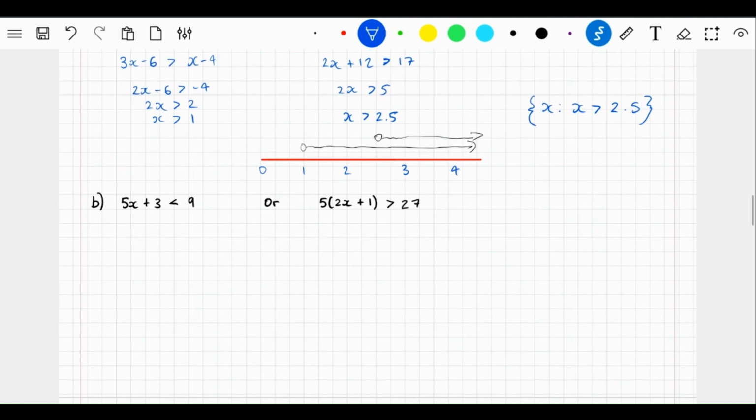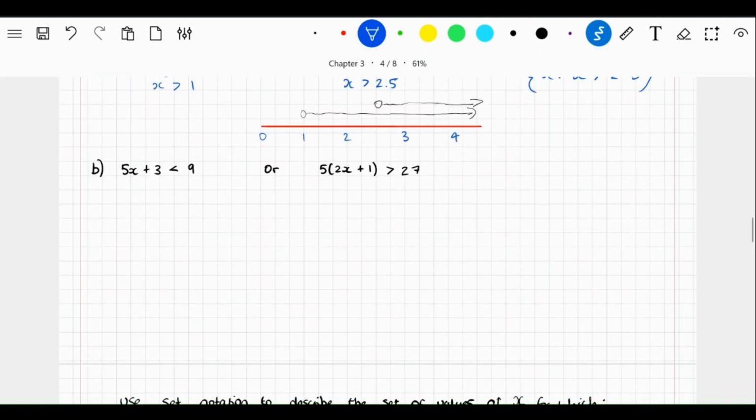So then for this next question, if we have an attempt at that, we've got both of these bits here. If we simplify them out, we get 5x, and then we take away this 3, which means that is going to be less than 6, which we can then say x is less than 6/5.